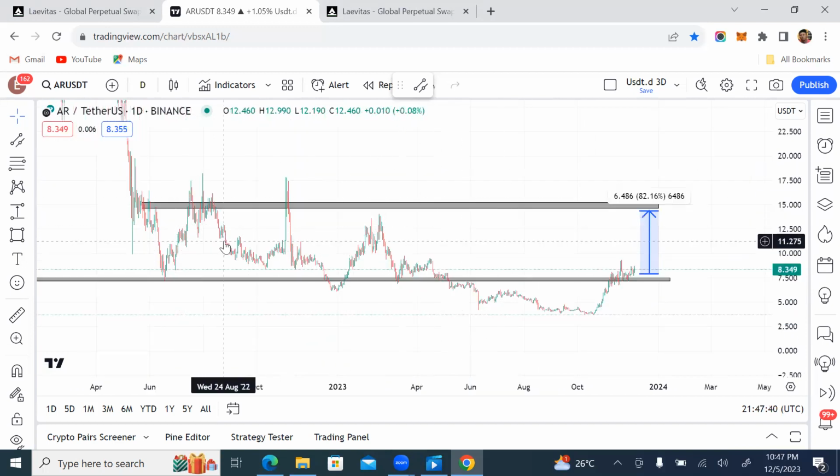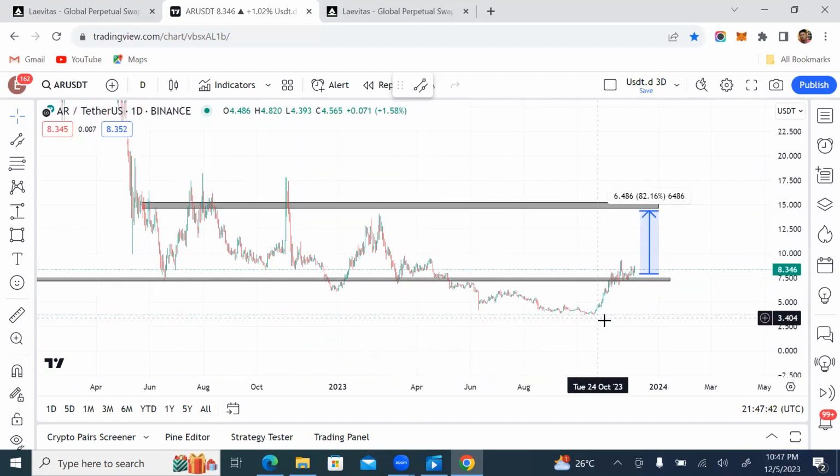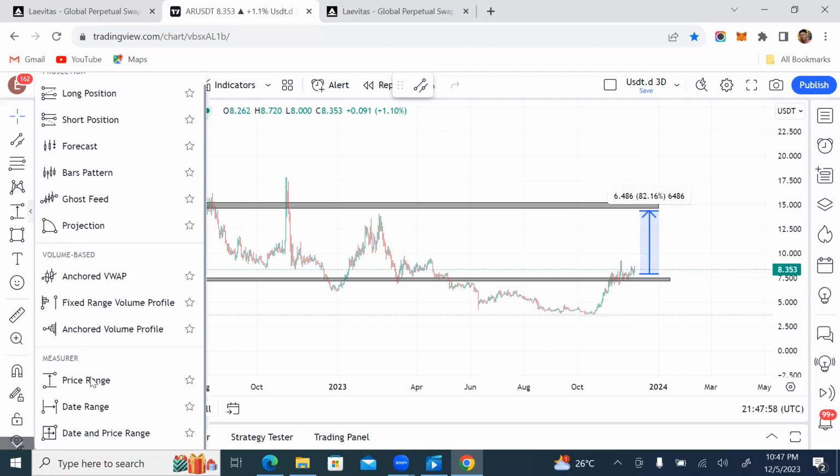Now you can see price is trading in this range. When price has gotten back into the range again, we're now expecting a bounce from here to the upside, like what happened here. So this is what we call capitulation or recovery.